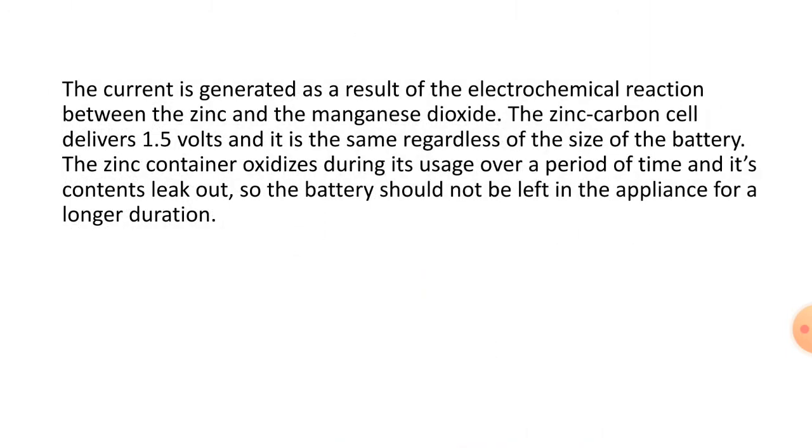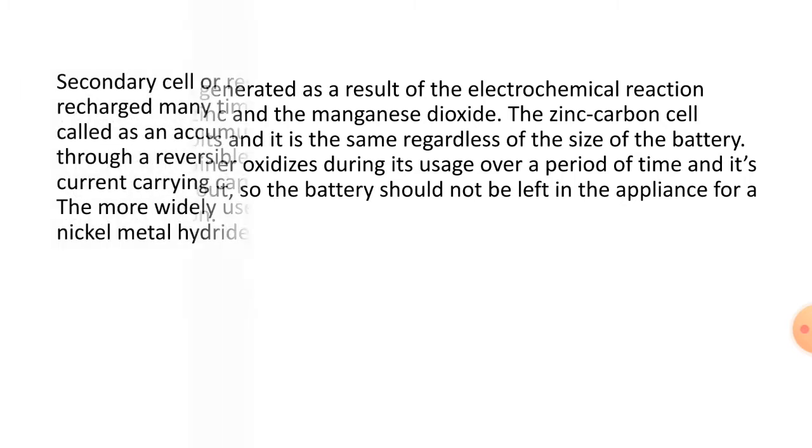The current is generated as a result of the electrochemical reaction between the zinc and the manganese dioxide. The zinc carbon cell delivers 1.5 volts and it is the same regardless of the size of the battery. The zinc container oxidizes during its usage over a period of time and its contents leak out, so the battery should not be left in the appliance for a longer duration.